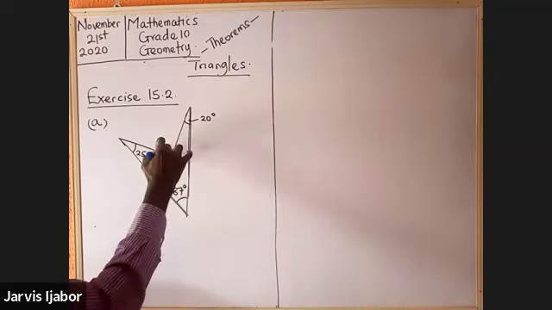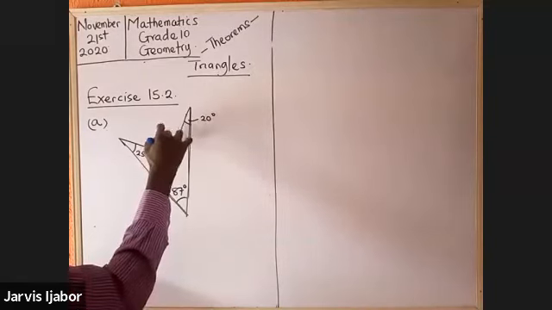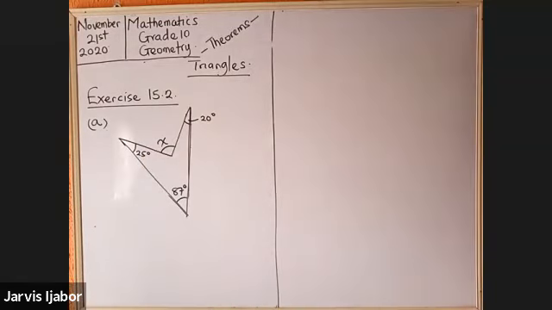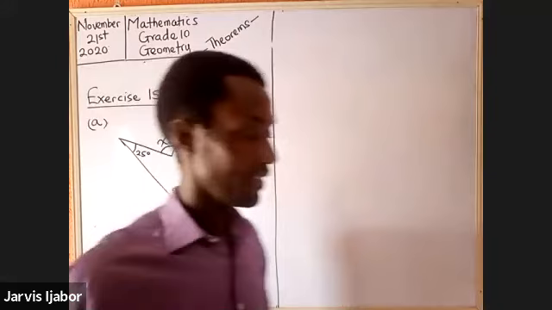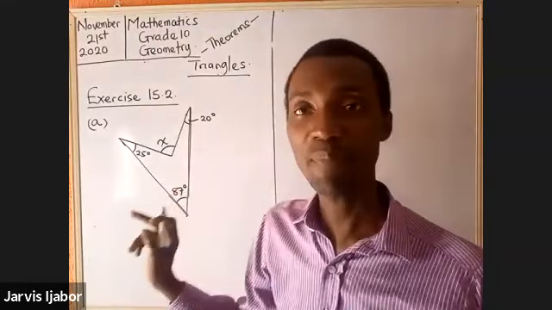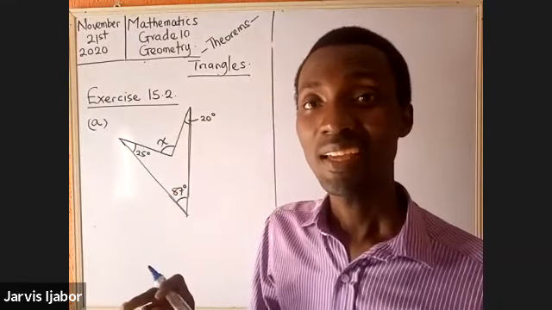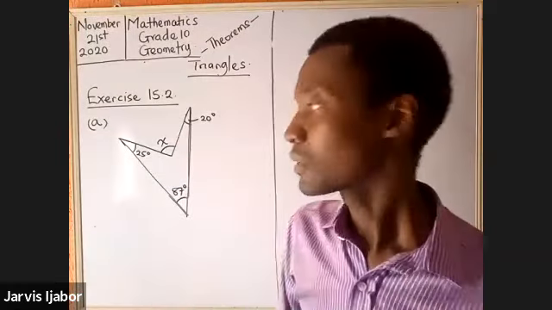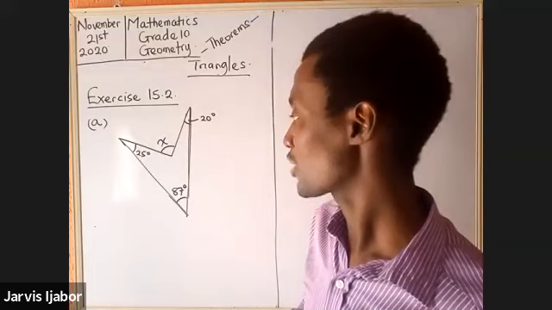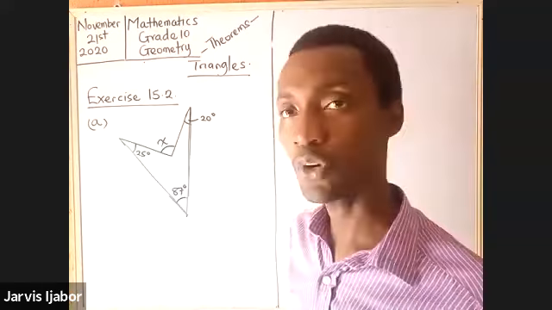We are told to look for X. So how do you look for X in this diagram? Except you know what you're doing here, it might be difficult for you to make a decision on what you need to do. But I'll help you out by showing you options you can follow.